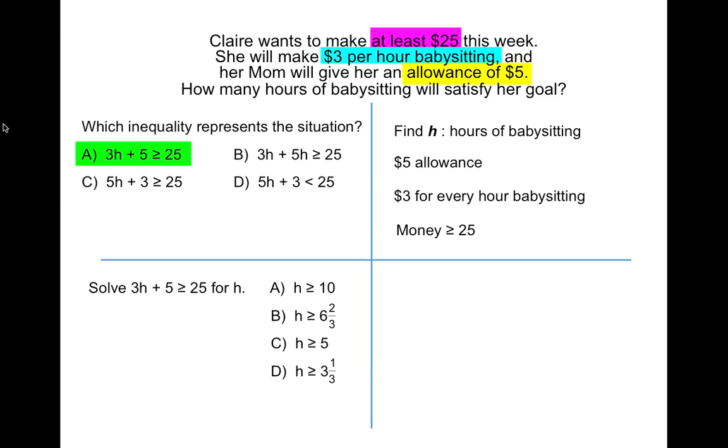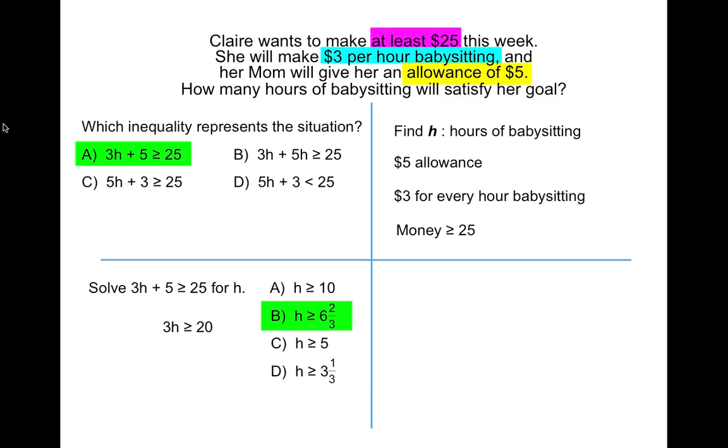Please solve the inequality for H. The number of hours she needs to work is greater than or equal to 6 2/3. Remember, we can solve inequalities just like equations, except for that one difference where if we divide or multiply by a negative number, we need to flip the sign over.